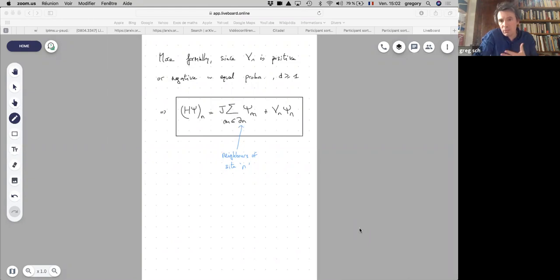It turns out that there is quite a wide universality, and for the time being, to fix the ideas, we will consider the case where the Vn are random variables that are IID, independent and identically distributed. One widely studied case is where they are uniform over minus omega by 2 to plus omega by 2. So we have these random variables, and now I need to solve this problem.